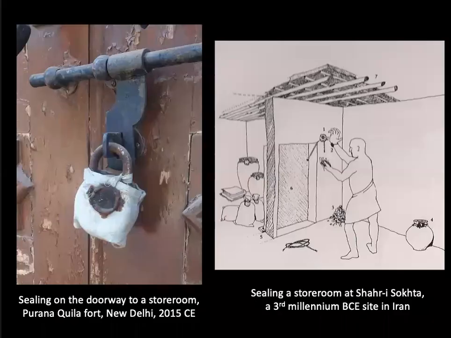They can be used to lock doors, as we see in this drawing representing how sealing was carried out at the site of Shahr-i Sokhta in Iran. But we also see it today, for example, on this lock on the storeroom of Purana Qila in New Delhi. This is a photo from 2015.